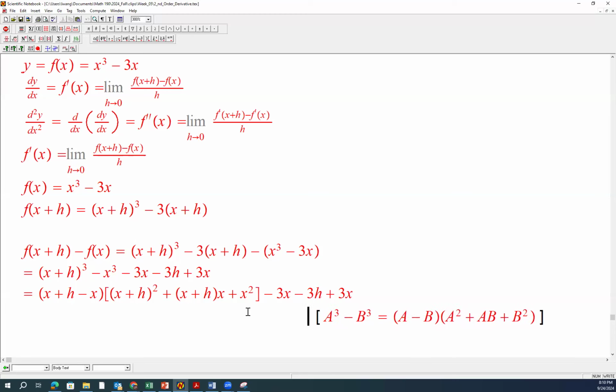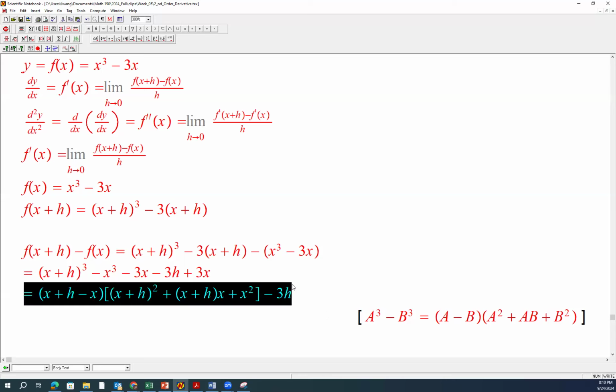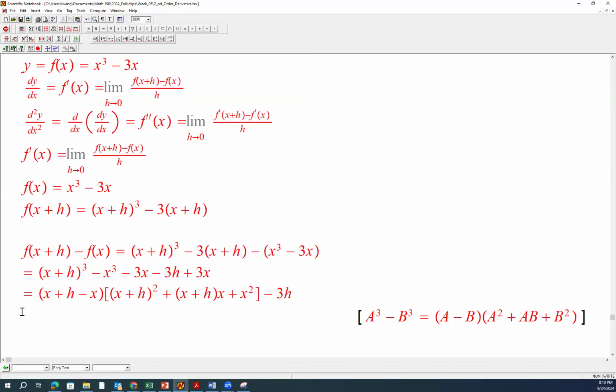I'm just trying to get this finished and not make it too long. So I got this part. By the way, you can FOIL to your heart's content, okay? You don't have to do my way, okay? I don't claim my way is the best way. And now by this time, negative 3x and positive 3x have already reduced. And over here, look at here. Look at this part.